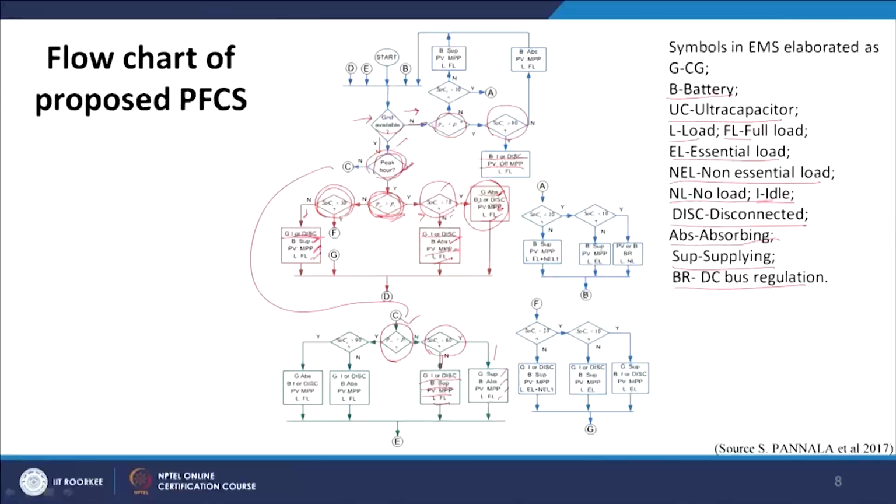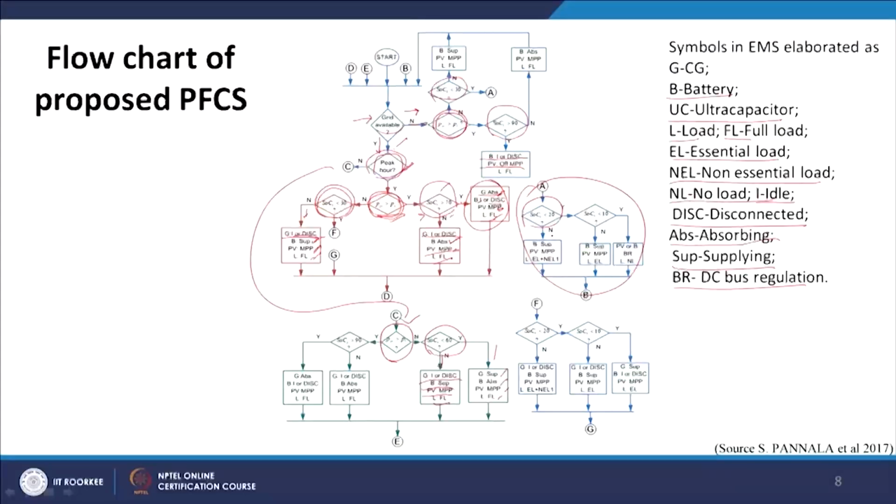Now, if the PV is not greater than PL and the SOC is less than 30, then I come down to this scenario because the battery is low, and then I check whether the SOC is less than 20. If it is not, then I allow my battery to supply, PV at MPP, and I will have one essential load and one non-essential load.